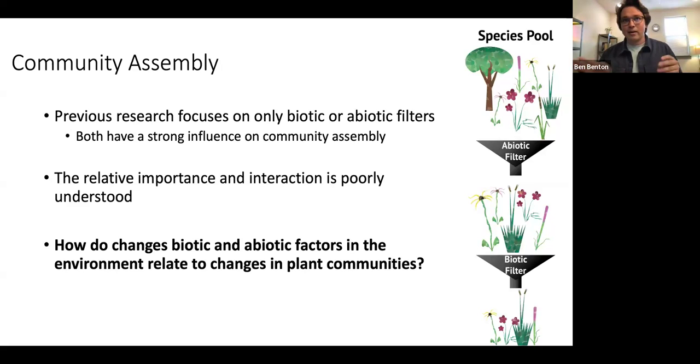And so that's where the niche that my research fits. I'm trying to address the question: how do these changes in biotic and abiotic factors in the environment relate to changes in the community, and in my particular case, in the plant community?